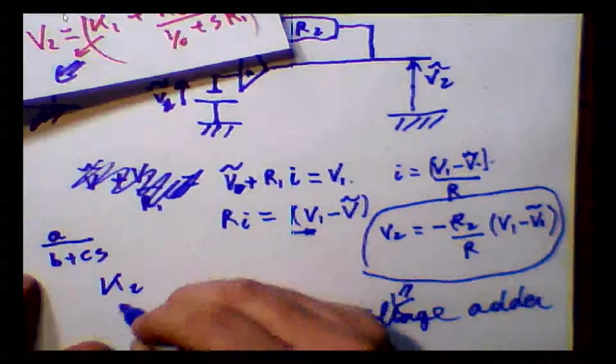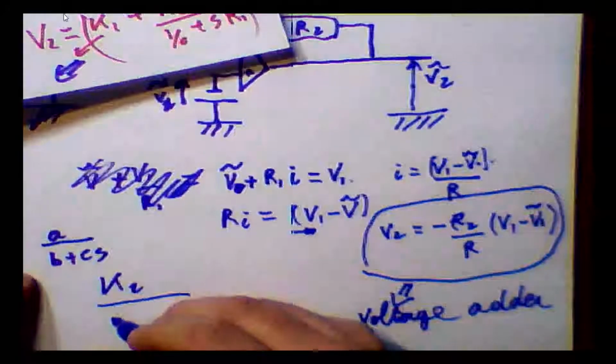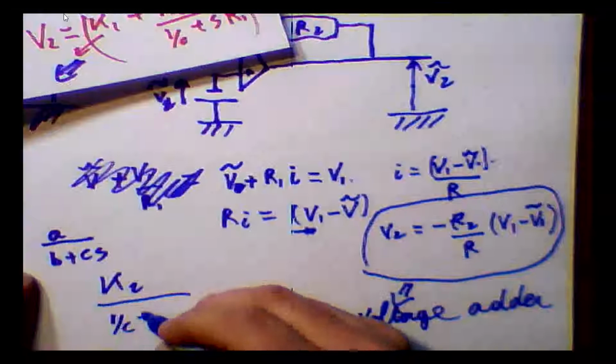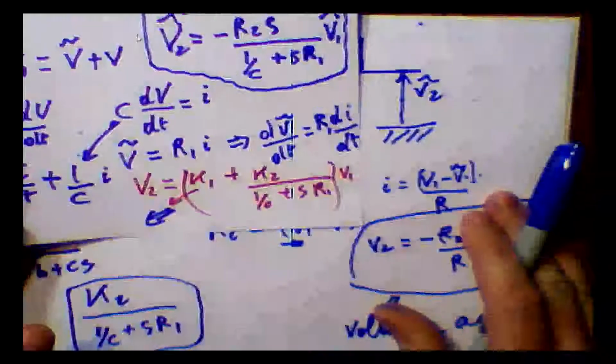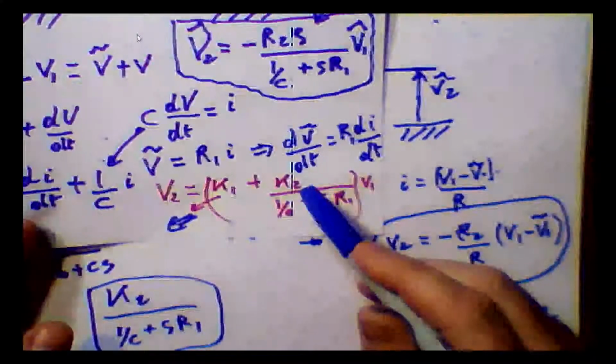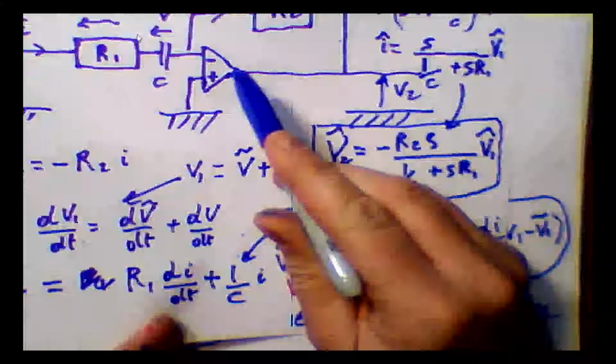Therefore, we would be left with K2 over 1 over C plus S R1 with this voltage adder here.